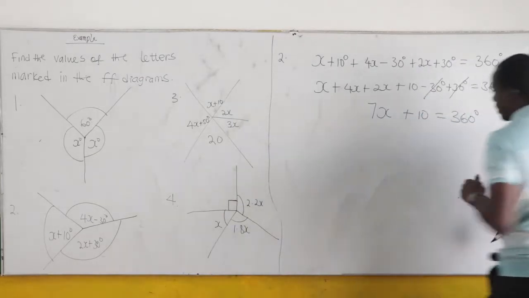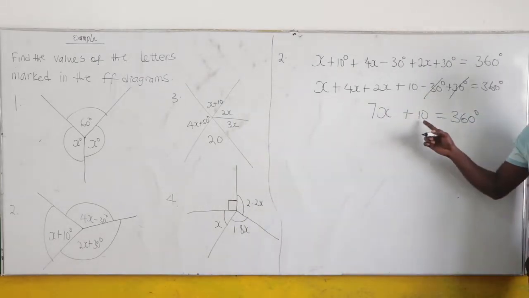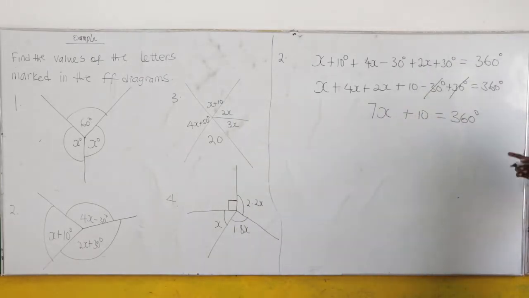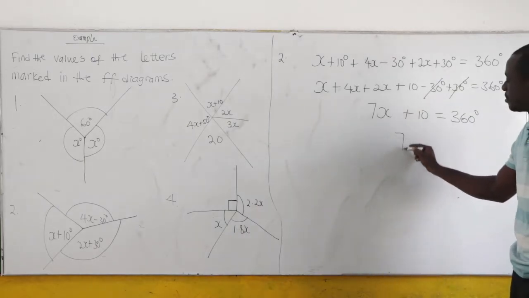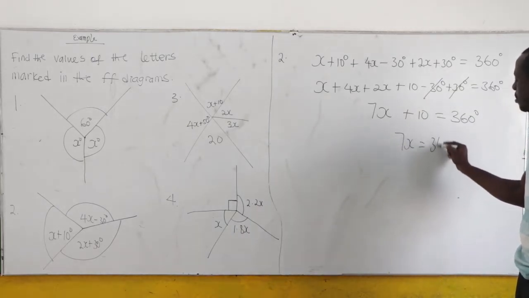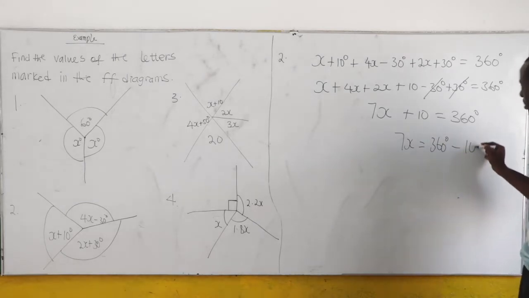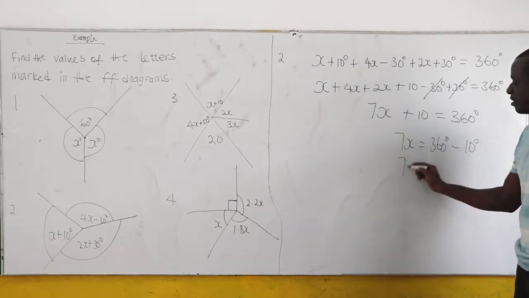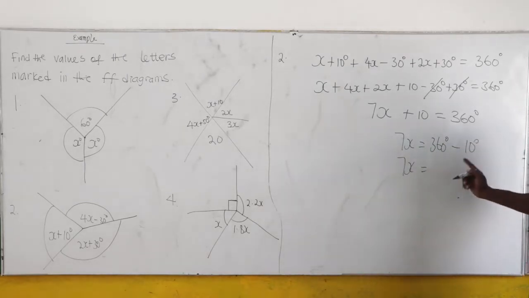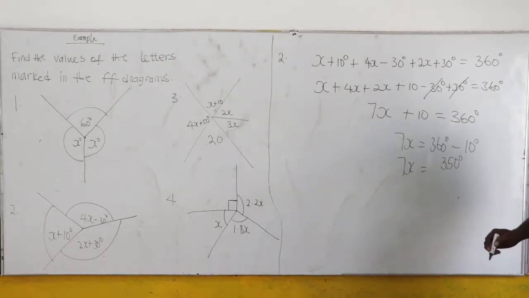Now we want to find x. What do we do? We group like terms. This 10 has to come to the right hand side. So you have 7x equal to 360 degrees minus 10 degrees. Now 360 minus 10 is just 350 degrees. We want to find x.